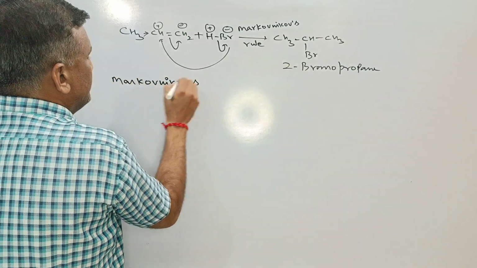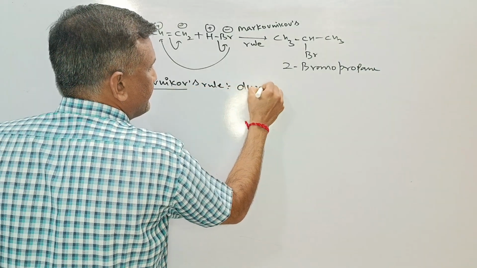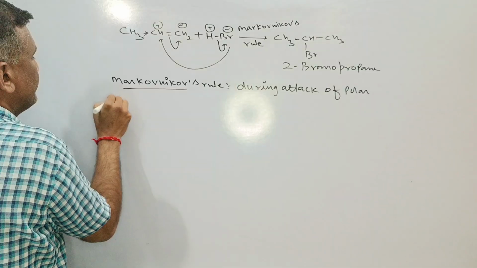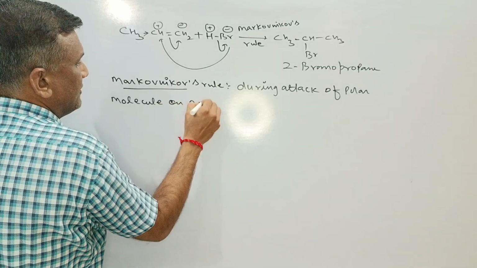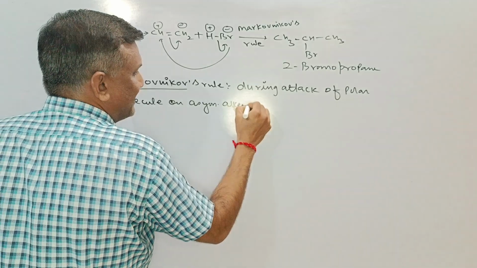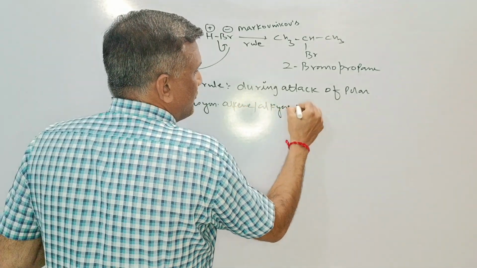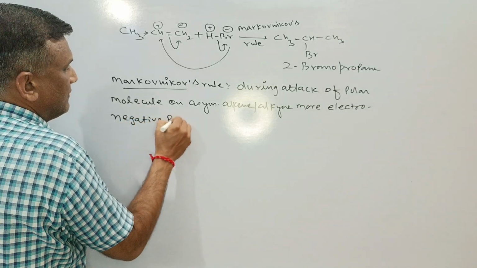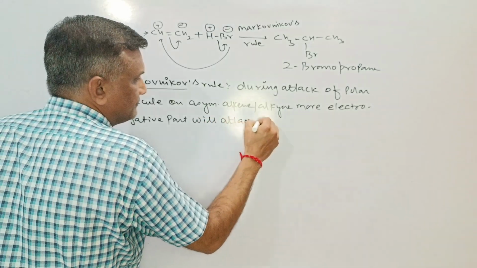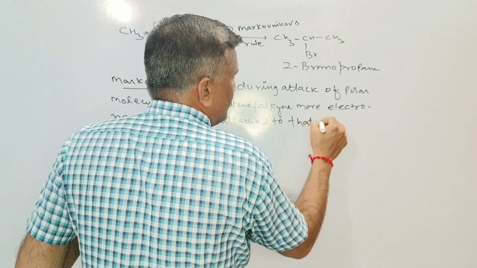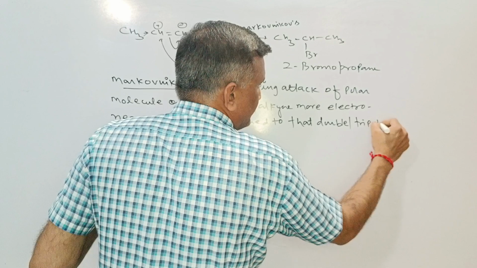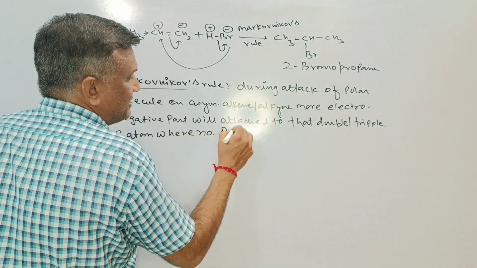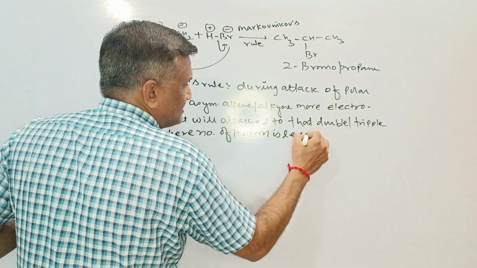Markovnikov's rule means that during the attack of a polar molecule on an asymmetrical alkene or alkyne, the more electronegative part will attach to that double bonded or triple bonded carbon atom where the number of hydrogen atoms is less. This is the most important.